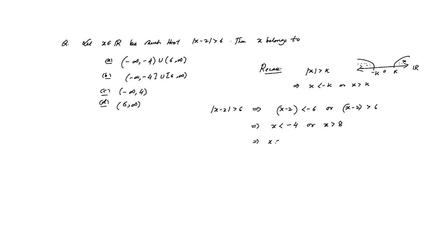So x belongs to, we just draw the real line, this is minus 4 and this is 8. x greater than 8 is that portion, and x less than minus 4 is on this side, and the interval is open here. So obviously x belongs to minus infinity to minus 4 union 8 to infinity. So option A is correct and all the other options will be false.